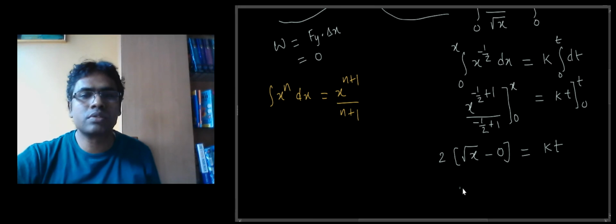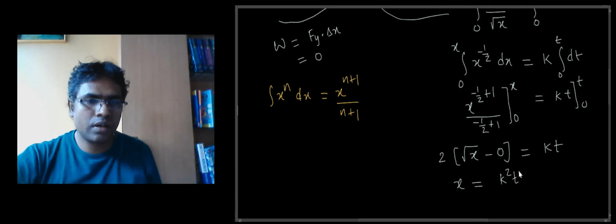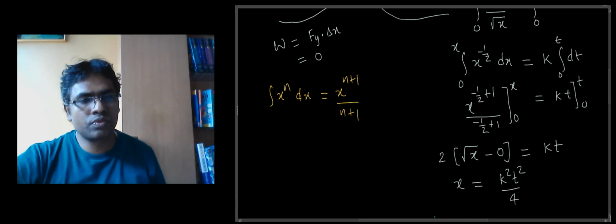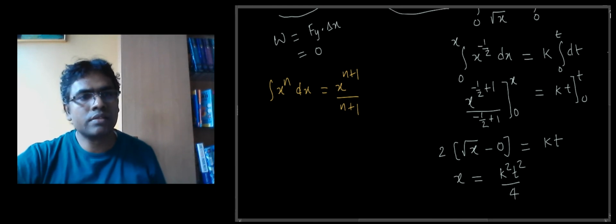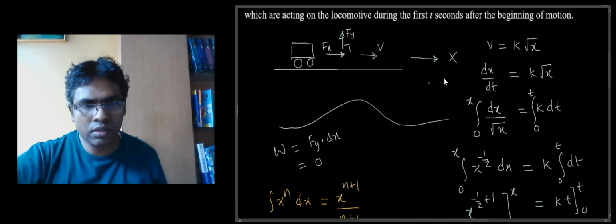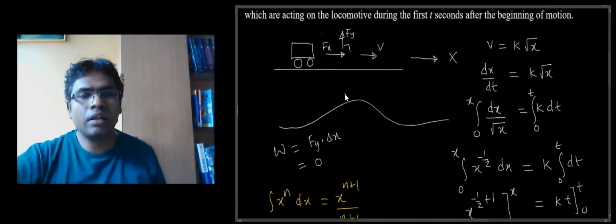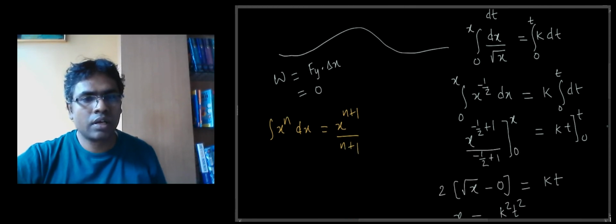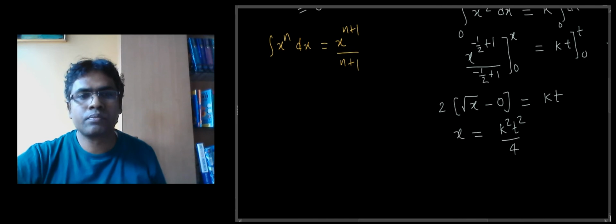If I square on both sides, I will get the position of the locomotive as k square t square by 4. If you did not change s to x, this would be the distance covered. Since the forces that are at right angles to its direction of motion are not doing any work, it is a good idea to just consider that the locomotive keeps moving along a straight path.